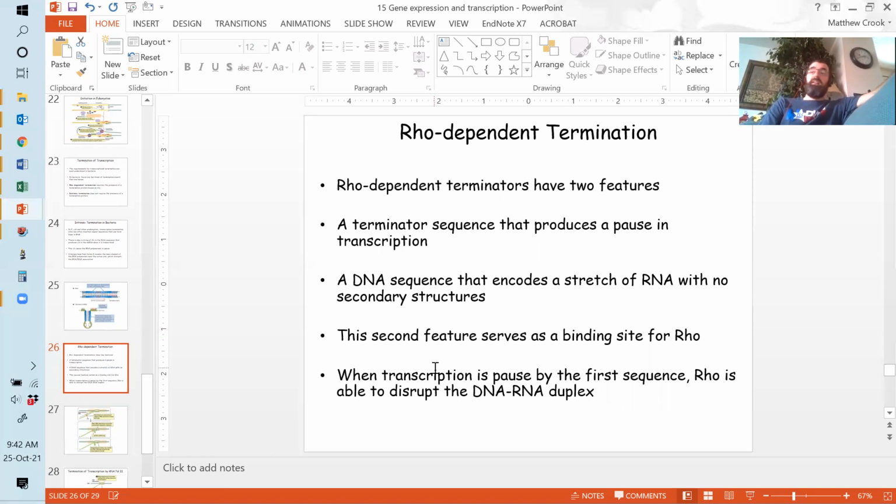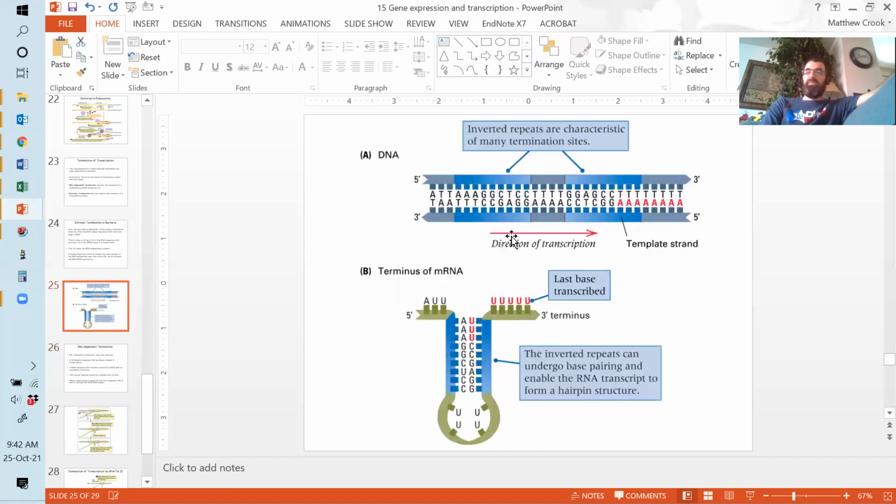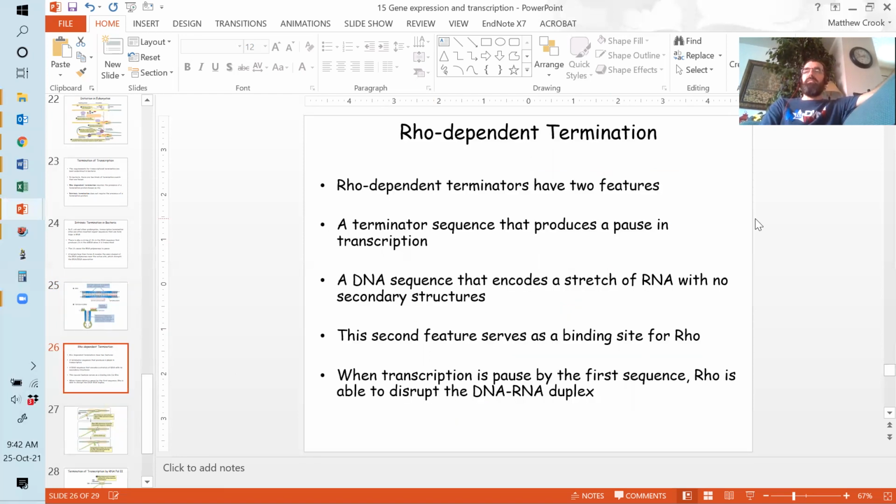But essentially we have, again, a terminator sequence, right? So we have a string of A's, which slows down RNA polymerase. Again, this is another key feature. And we have a DNA sequence that encodes a bit of RNA that doesn't have any secondary structures, right?